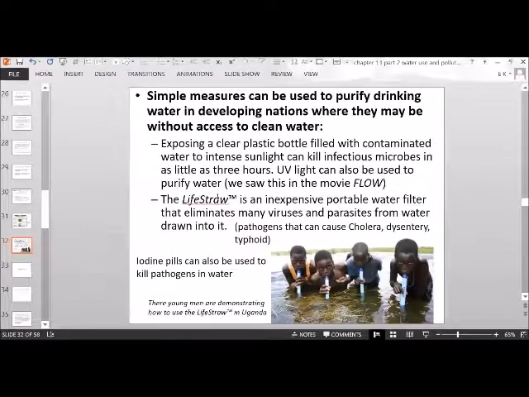Just going back for a second, what I mean is the UV light and the iodine pills are not getting rid of any pollution that might be in the water. Something like a filter is going to help more, but just killing the pathogens so that you don't have people getting sick and dying from waterborne illnesses, that's a separate issue from the pollution.